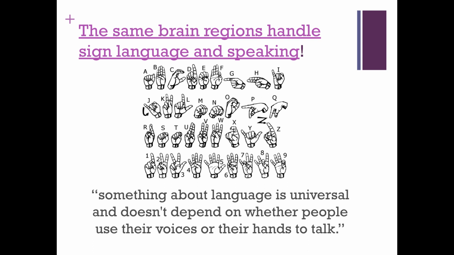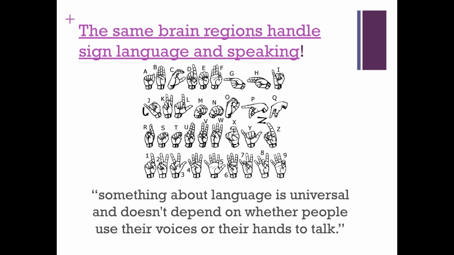More research has also shown that the same brain regions that are involved in producing and understanding speech are also involved in individuals who use American Sign Language. So the production and understanding of sign language involves areas of the brain similar to those we use when we are actually speaking.